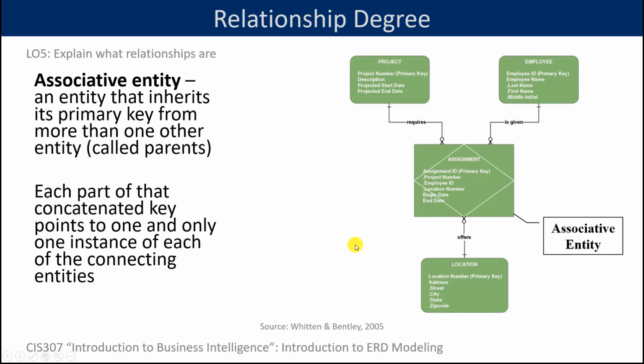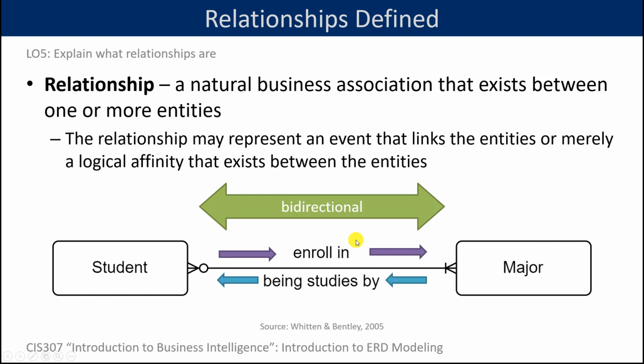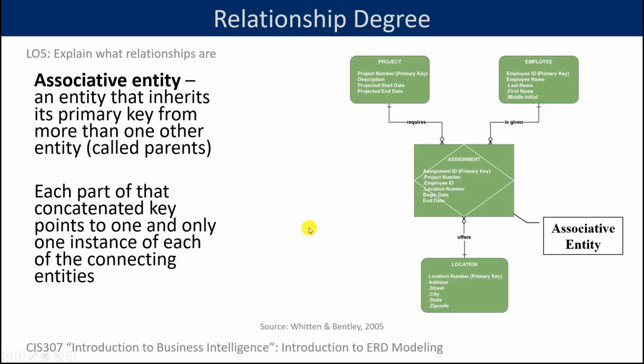Now, I would like to mention that here we have a very simple relationship involving two entities. Relationships can be more complex than that. So here you have an example of an associative entity, and that associative entity links three entities together, not just two like in the previous example. The reason you know it's an associative entity is that it's created for the single purpose of linking those three entities together.